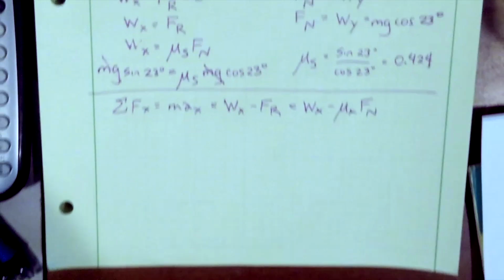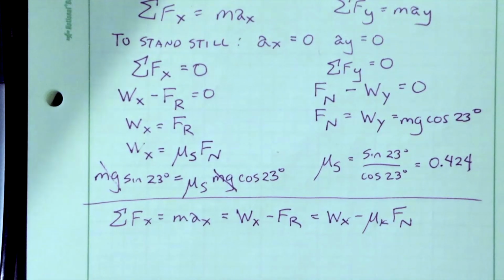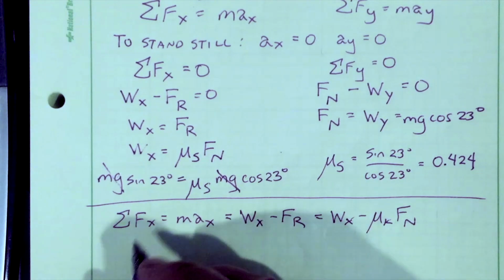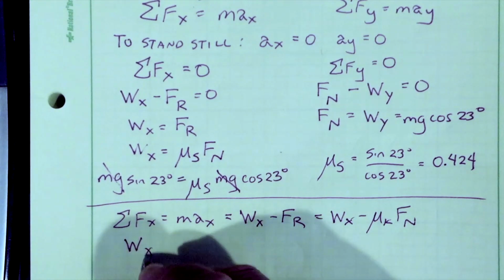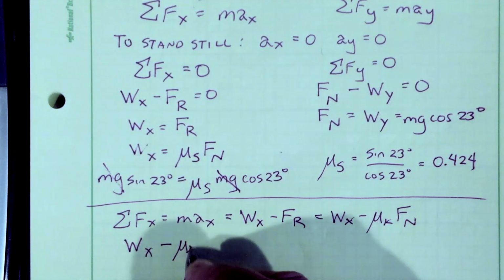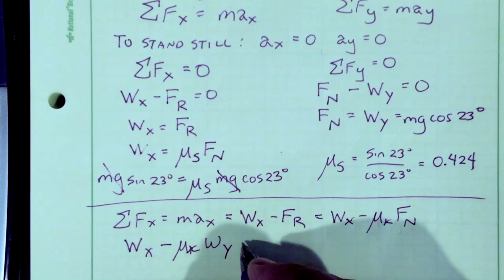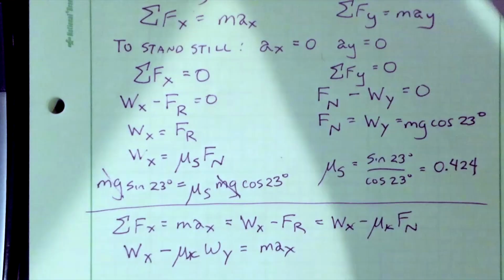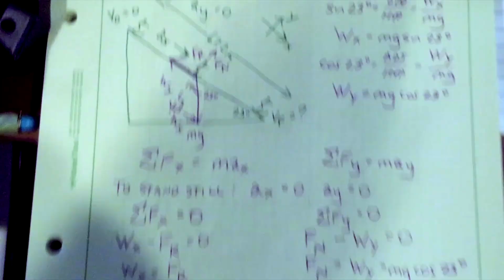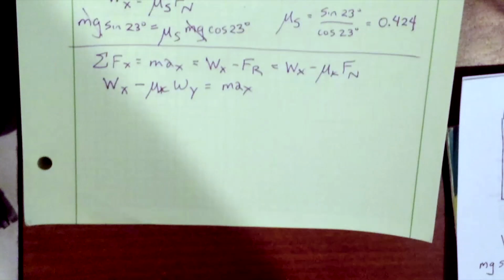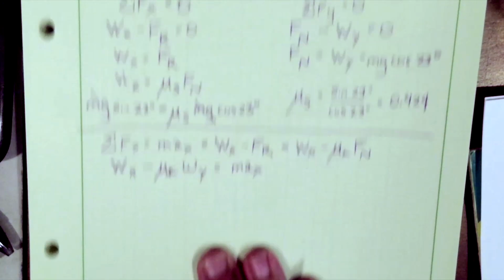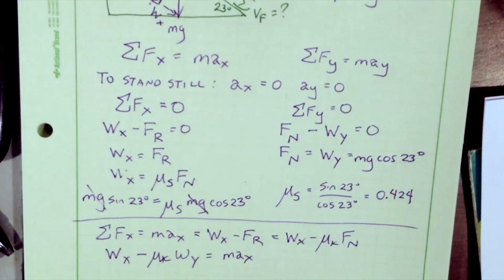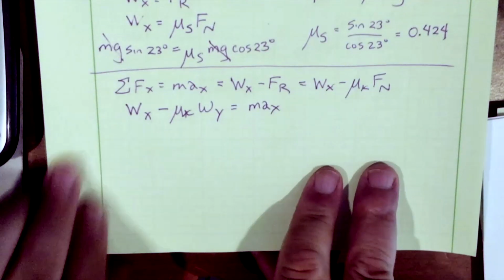Right, so we wind up with Wx minus mu k Wy equals max. All right. So we use the formulas that we got up here, and we plug them in.